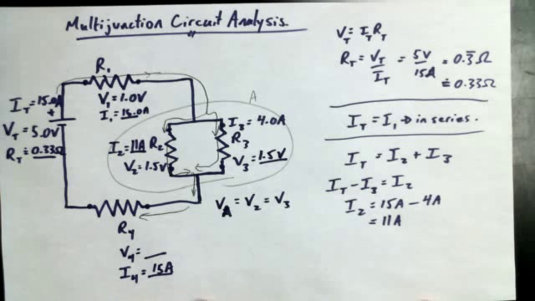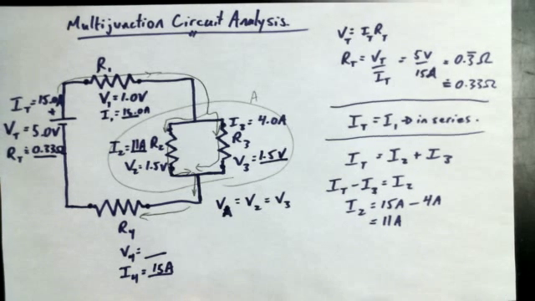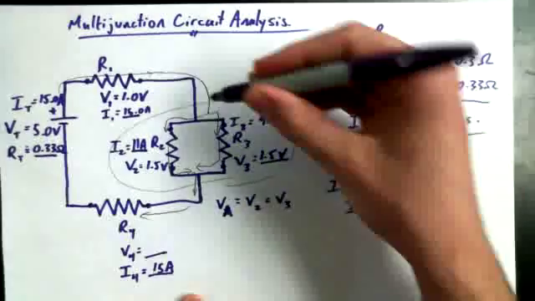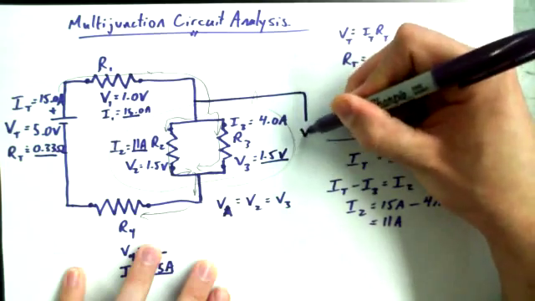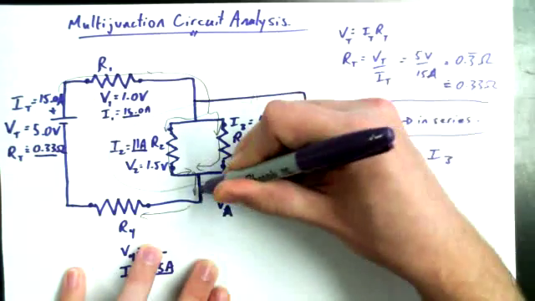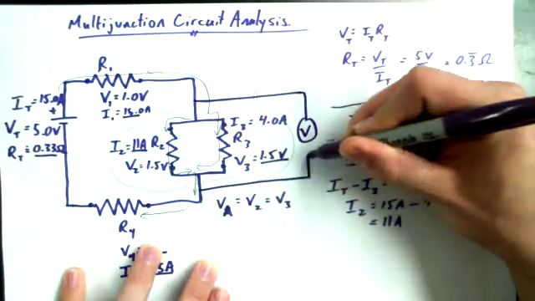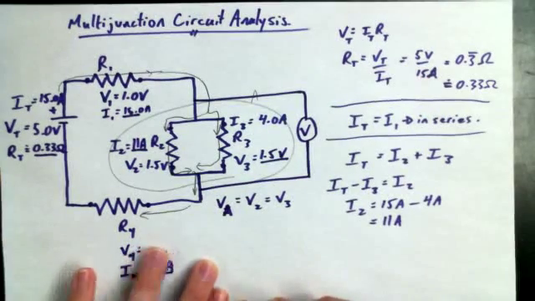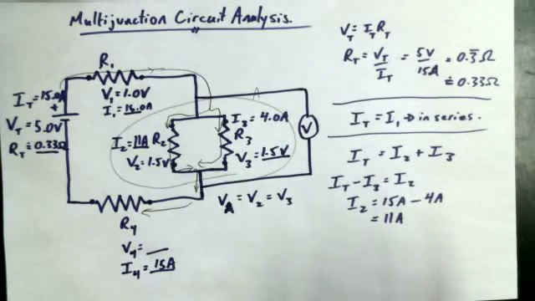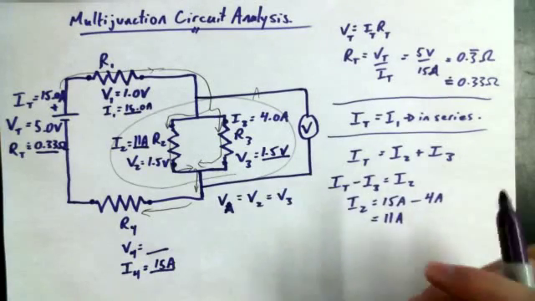Now, what's the voltage drop across junction A? 1.5 volts. So if I took a voltmeter and I measured from one side to the other side, what would the voltage be across that? 1.5. So, fair enough. But the reason I bring that up is this.